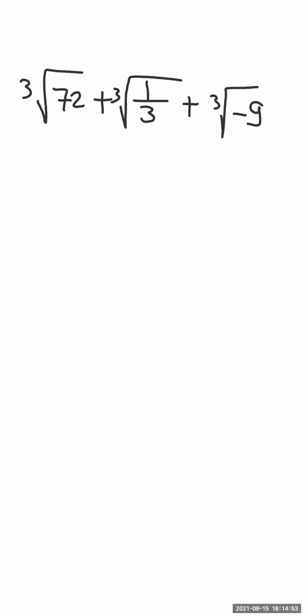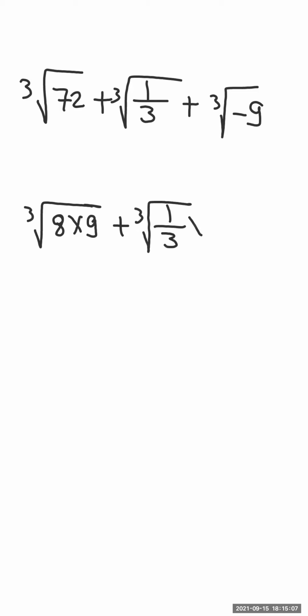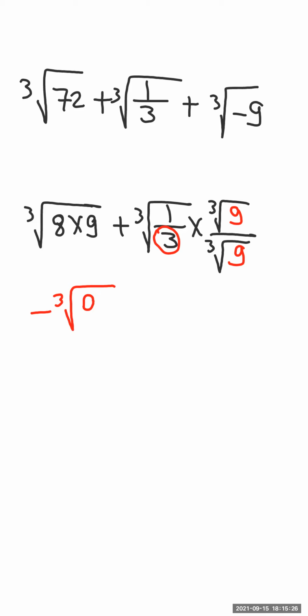Actually, 72 means 8 times 9, correct? Then plus cubic root of 1/3; we have to multiply it by the cubic root over the cubic root of 3 squared, which means 9 and then 9. Then plus cubic root of negative 9, which means a negative cubic root of 9. Correct?